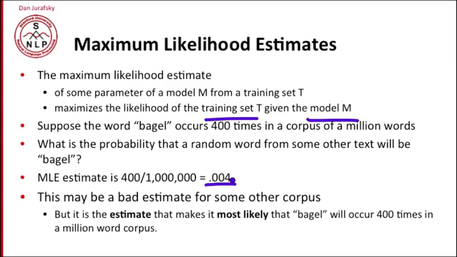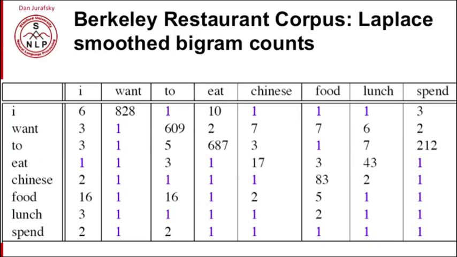So add-one smoothing, and any kind of smoothing, is a non-maximum likelihood estimator because we're changing the counts from what they were in our training data in the hope of generalizing better. So if we go back to our Berkeley restaurant project and add 1 to all of our counts, here's our Laplace-smoothed bigram count. Now all those zeros we had have become 1s, and everything else gets 1 added to it.